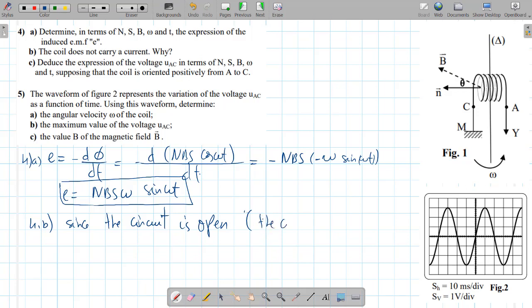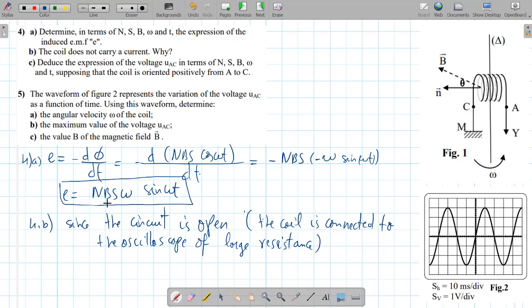The coil is connected to the oscilloscope اللي عنده of large resistance. of large resistance يعني الكارنت negligible، فينا نقول ما في current قلب السيركت.